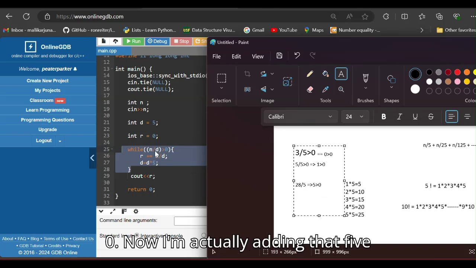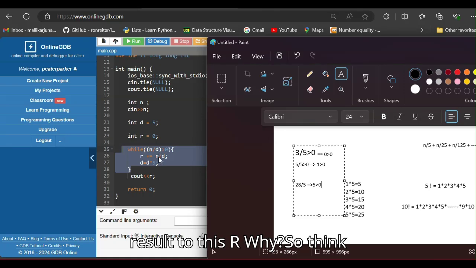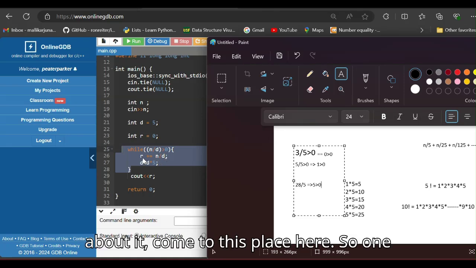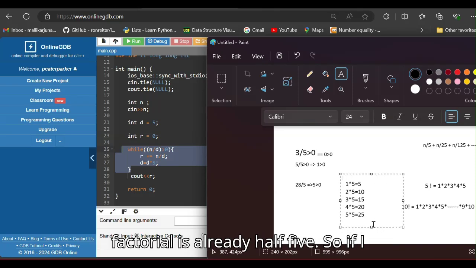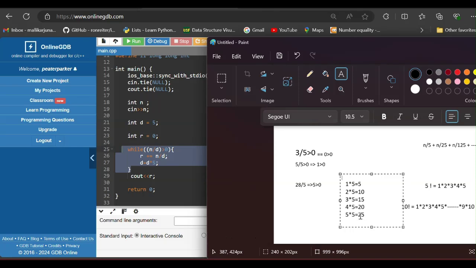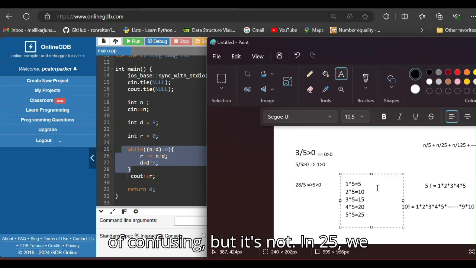Now I'm actually adding that 5 to this result R. Why? Think about it, come to this place here. 1 factorial already has 5. So if I have 28 as a number, divided by 5 sets, like in 28 I get 5 5 5 5 5, it's kind of confusing, but it's not.